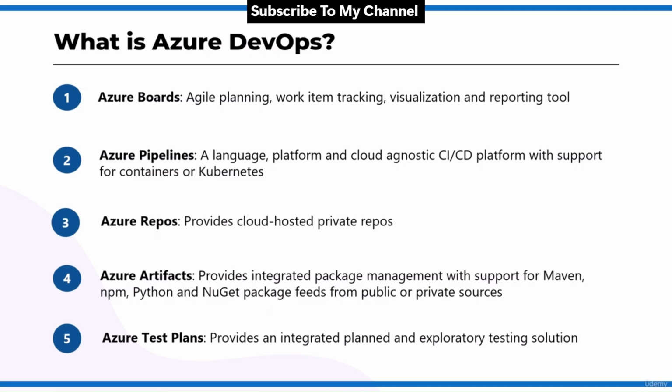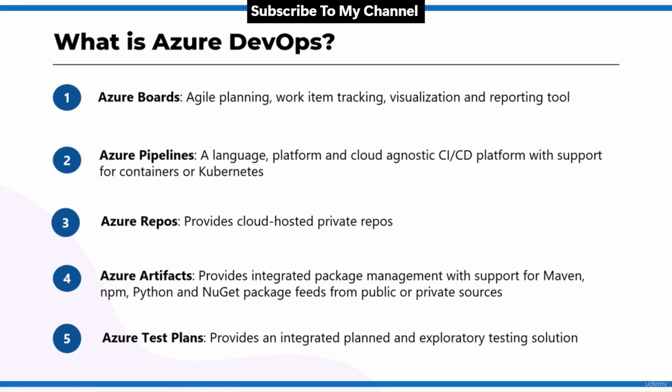You can choose what kind of deployment options you want to associate, maybe an infrastructure-based virtual machine or containers and Kubernetes. You have Azure Repos, which are cloud-hosted public and private repositories available on Azure DevOps. You can have unlimited repositories with multiple branches, and you can use it exactly the same as your Git repositories.